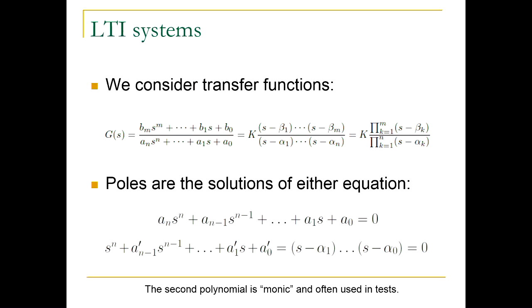So what is really useful is to have a test that sort of says, well, poles are in the left half plane, they are with strictly negative real parts, but I don't know what they are, I don't care. I just want to test whether the system is stable or not, but I don't need to know the poles. So this test is called the Routh-Hurwitz test, and we will learn how to do that now.